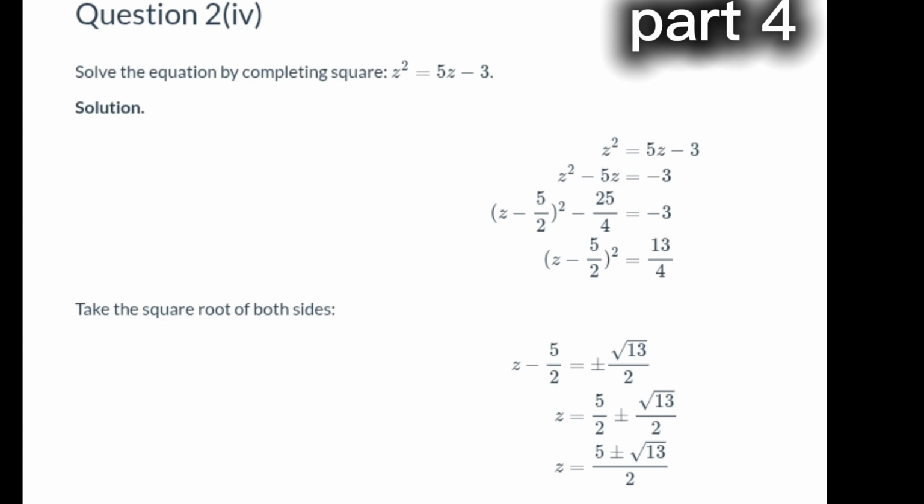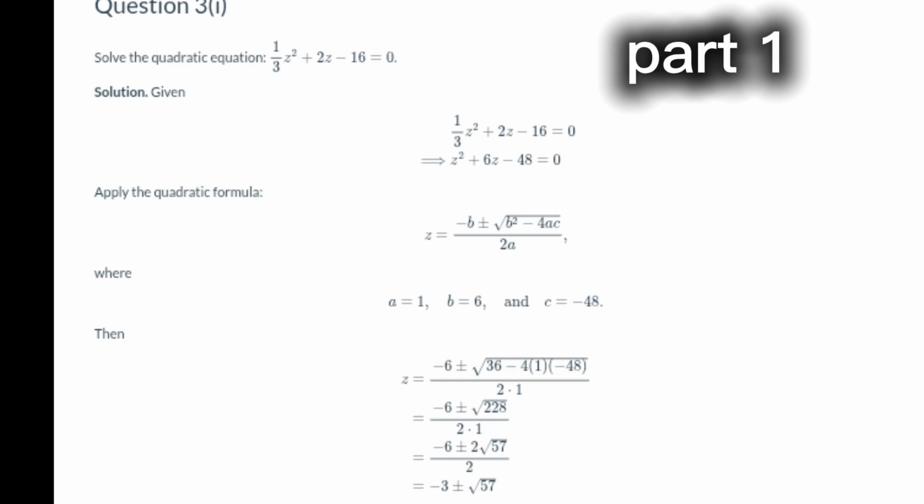The right side simplifies to 13/4. Square root. Take the square root. z - 5/2 = plus or minus square root of 13 over 2. Solution set. The solution set is {5 plus or minus square root of 13, all over 2}.